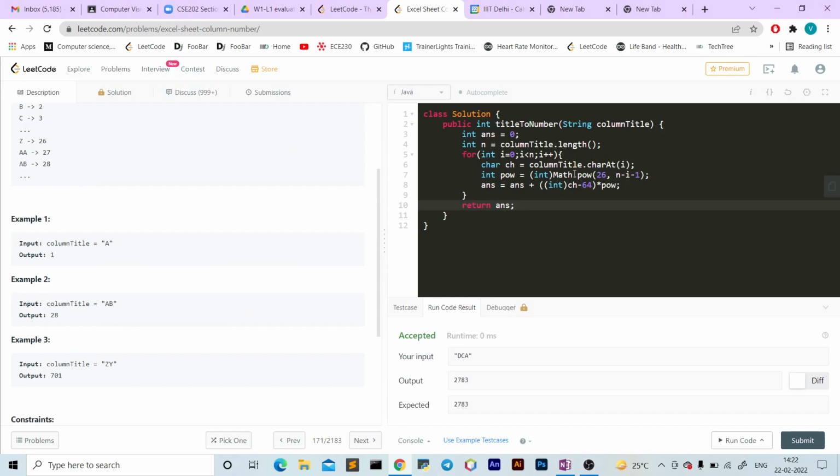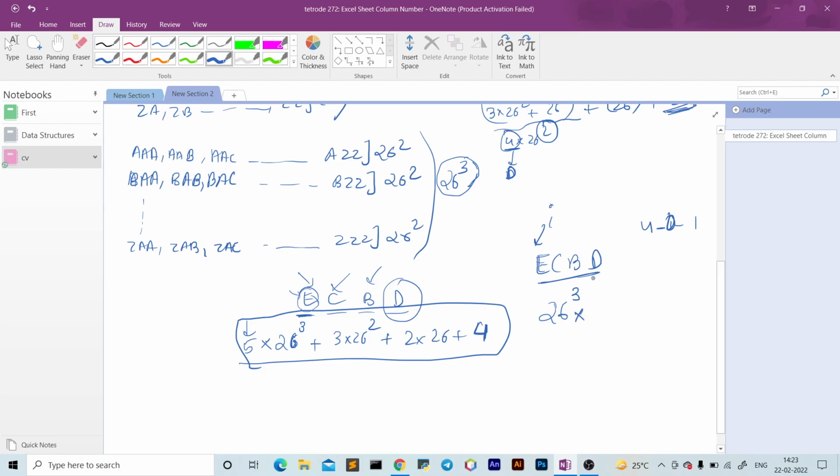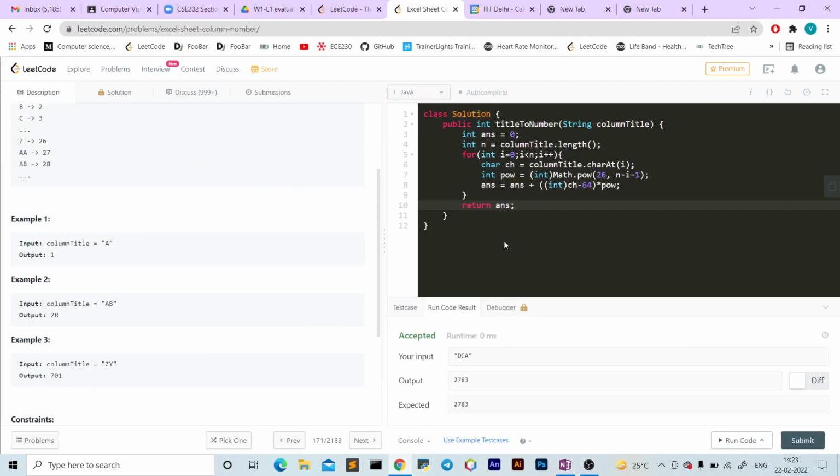And this I am multiplying with the ASCII value of this E, which is 69, minus 64, so it would be 5 into 26 cube. Similarly, for this C it would be 3 into 26 square, and similarly for B, and then I am just summing up all the possibilities.